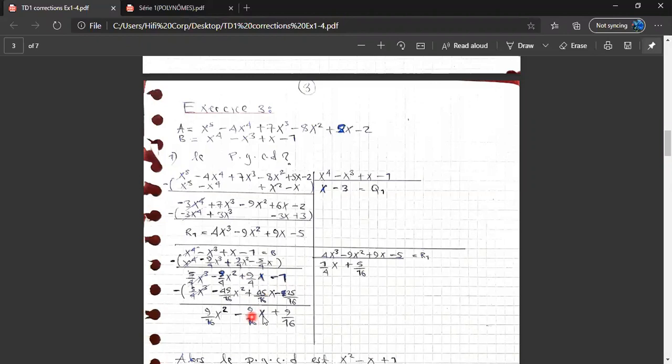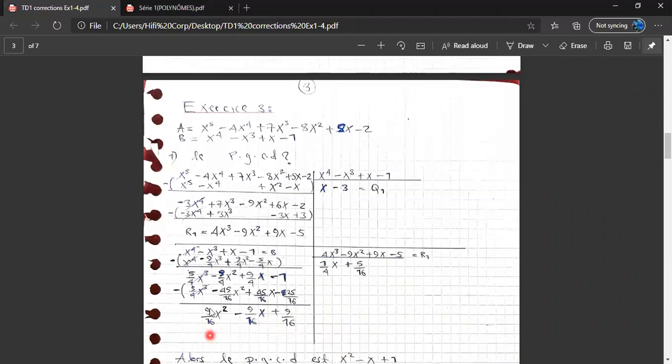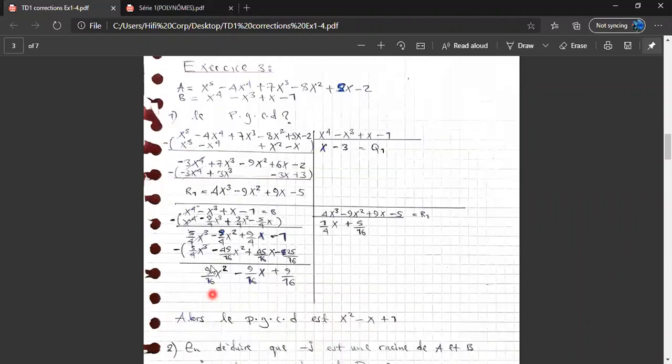Negative 1 plus 25 over 16 gave us 9 over 16. And when you see here, your remainder, it has a what? Your remainder, it has a coefficient. The coefficients are all the same.